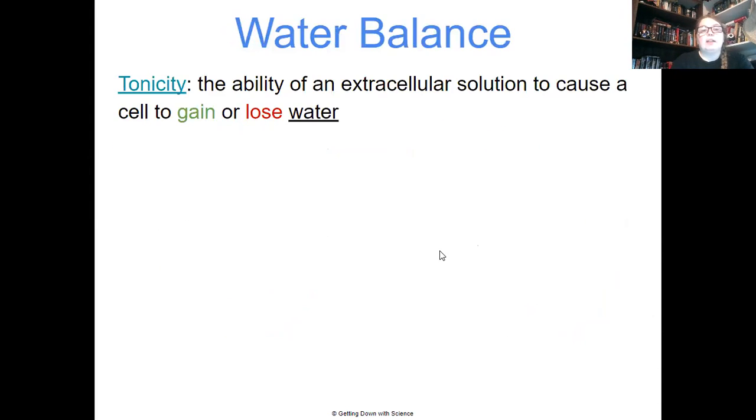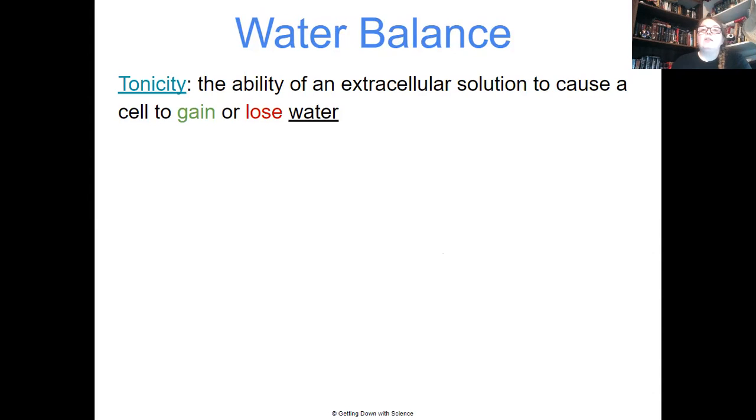Okay, so water balance. This word I said before, tonicity, is the ability of something extracellular, so extra means outside, and cell is a cell, so something outside the cell, to cause a cell to gain or lose water.